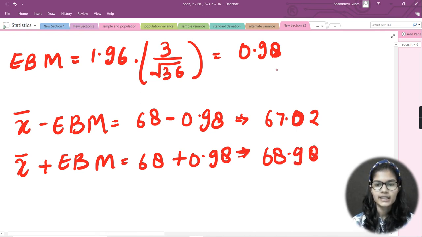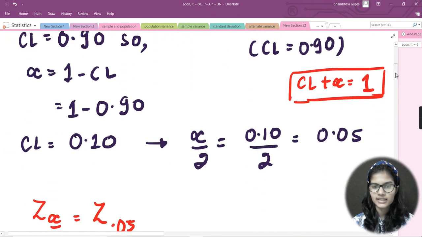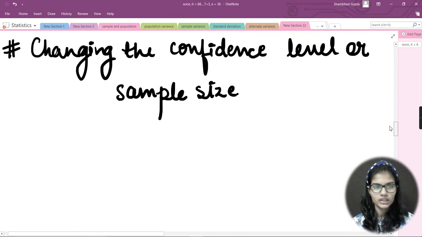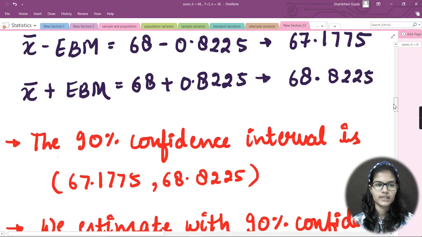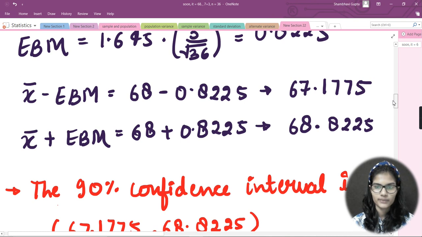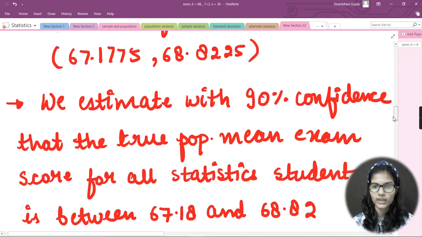68.98. Now let's go above for a while and see if there is any difference in the x bar minus EBM and x bar plus EBM values. So my values are here. When we had taken the 90% confidence interval, I was having the x bar minus EBM value as 67.17.